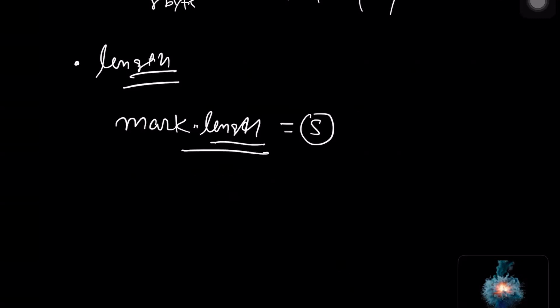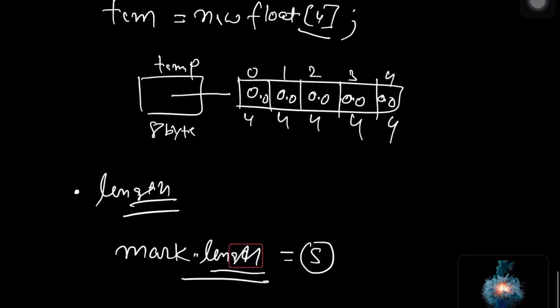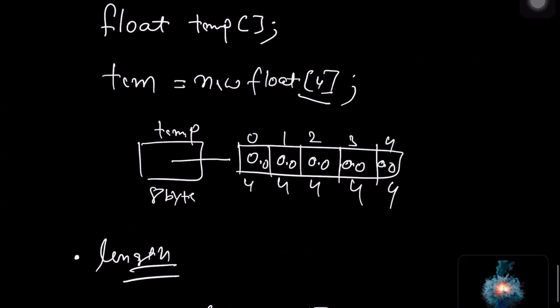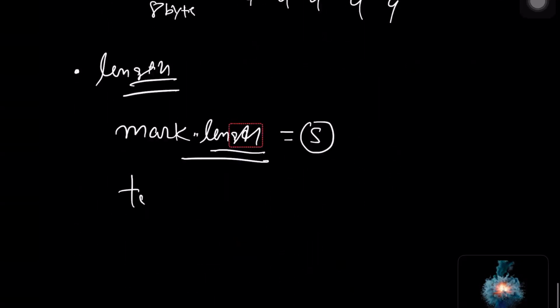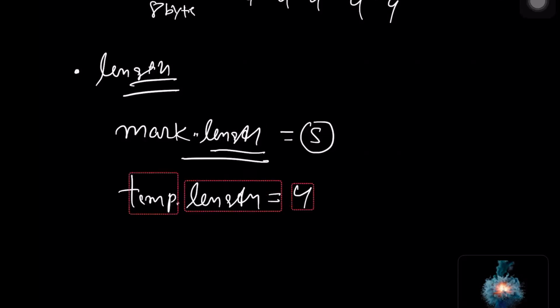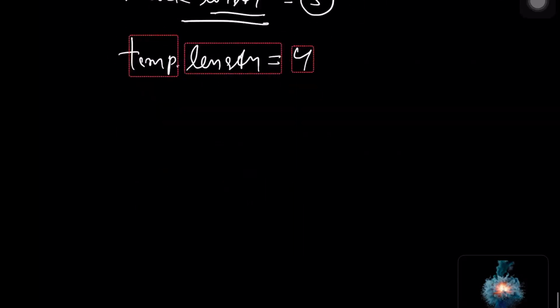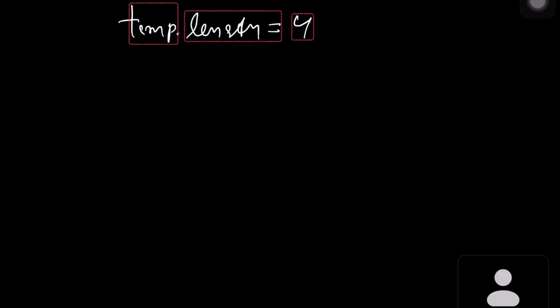Length is a property. Similarly, for temp, temp dot length will return 4. Clear to all, right? Yes, sir. Any doubt that you guys have, you can ask right now. Till now, no doubt, right?